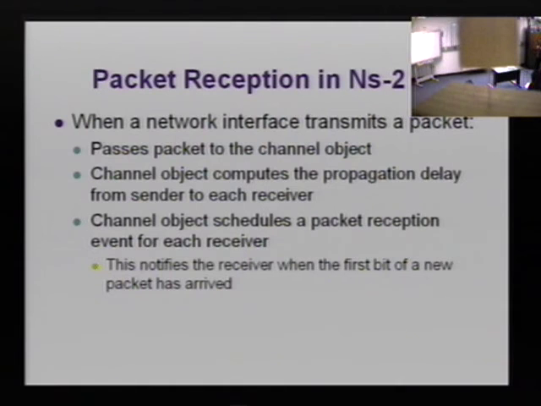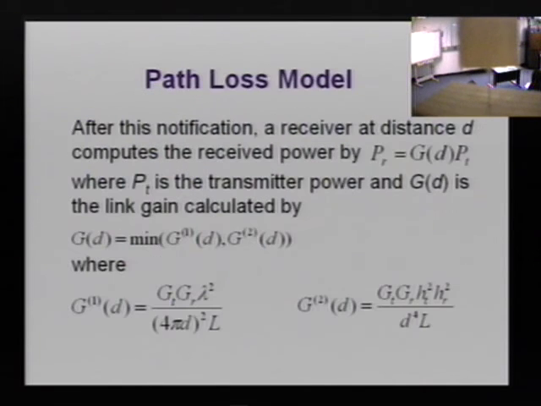The channel object computes the propagation time from the transmitter to every receiver, and then it schedules a packet reception event at that time. And then when this scheduled event expires, it notifies the receiver that the first bit of the new packet has arrived.